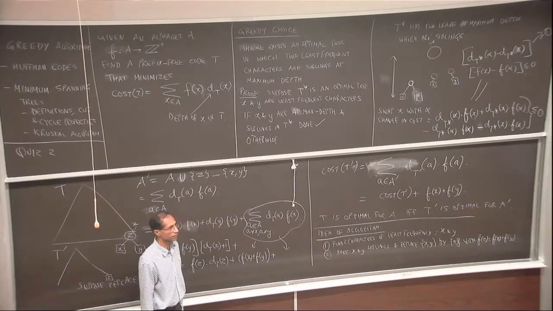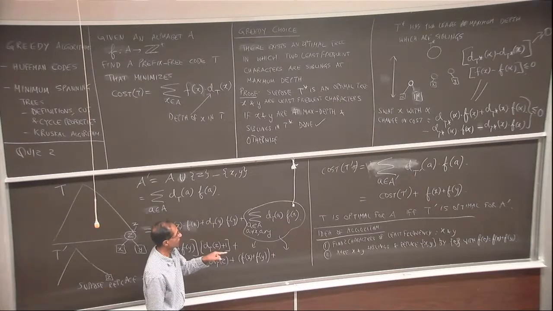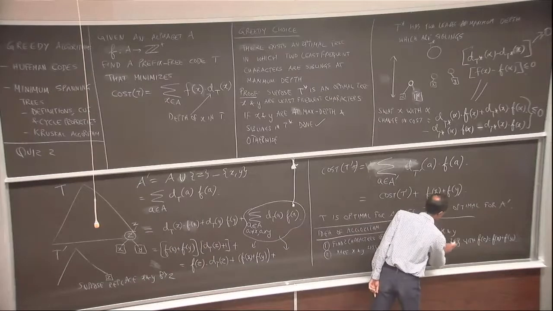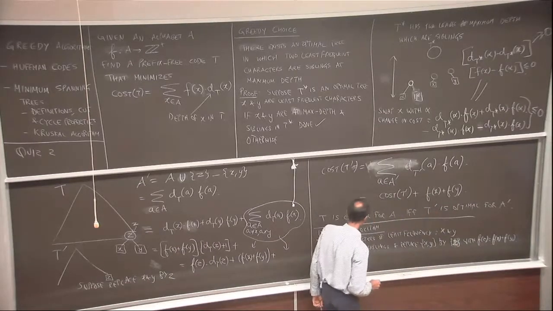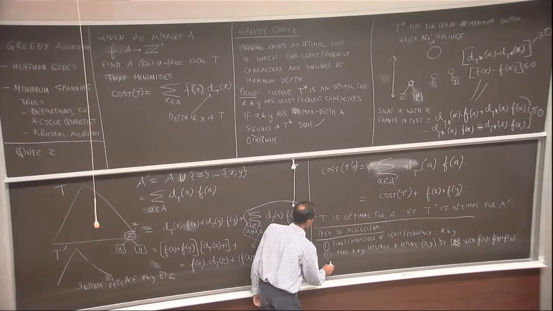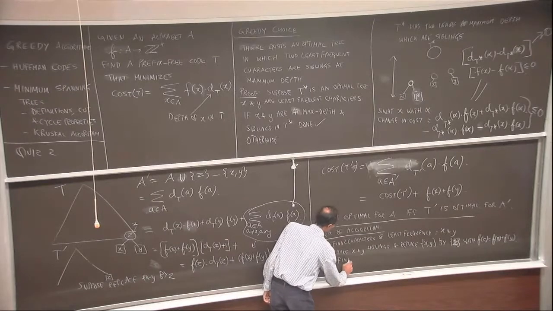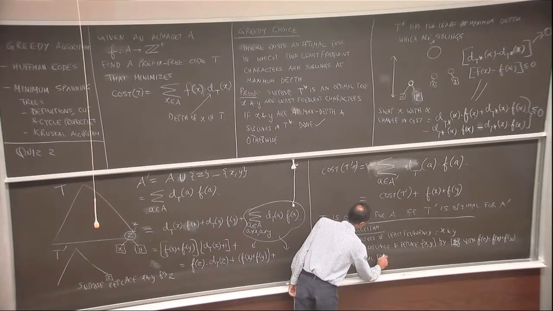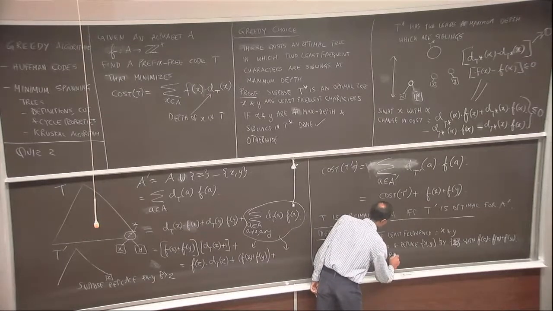Okay, so you make x and y siblings, and replace x, y by z with frequency of z equals this. And then find the optimal tree for the remaining problem.